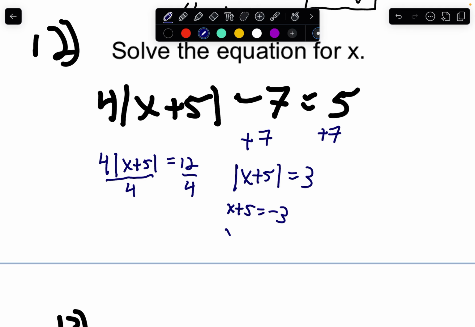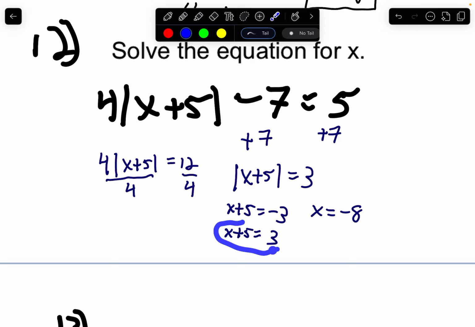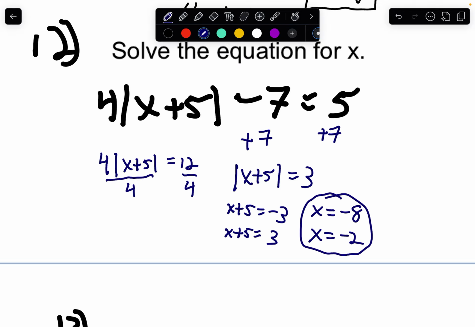And then the other option is that x plus 5 can equal a positive 3. This leads us to 2 solutions. X equals negative 8 from subtracting 5 from both sides, and x equals negative 2 from subtracting 5 from both sides. And those are the solutions.